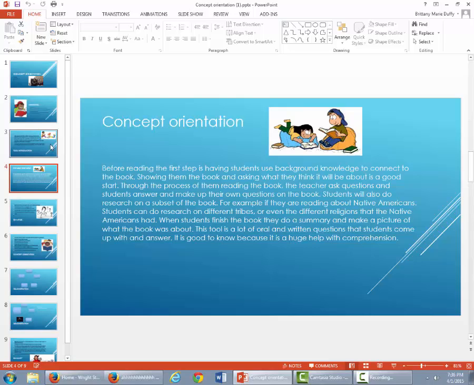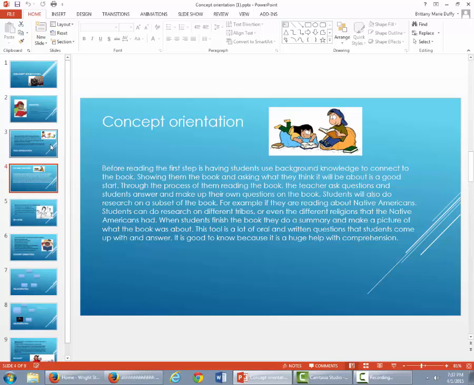After that, they start reading the book, and the teacher asks questions. And the students will answer those questions, but the students will also be asking questions as well. So it's not just the teacher asking questions, but the students asking themselves questions and answering those questions. Asking questions of what they think will happen next, or what something is, or what they think a character will do.